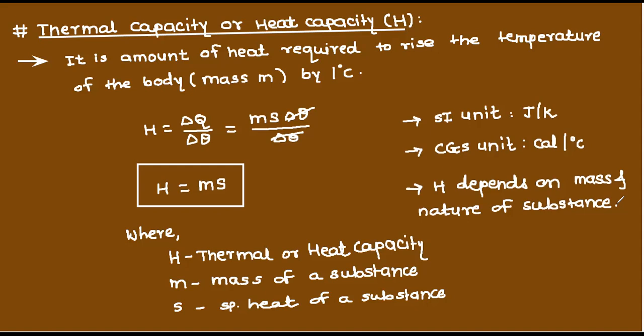Understood? So see, very easy. It is the amount of heat required to raise the temperature of the body, that is of whole mass, complete mass, by 1 degree Celsius. And the formula is H is equal to ms, with CGS and SI units. And H depends on mass and nature of the substance. So note down this.